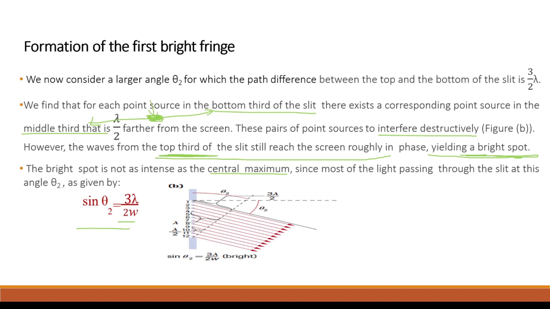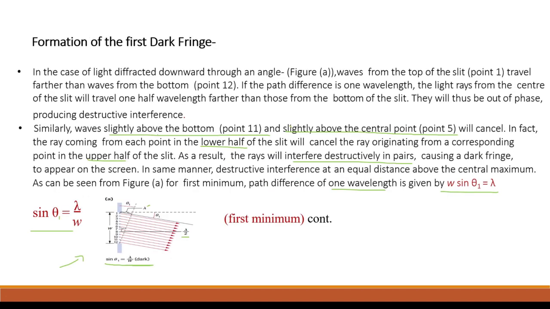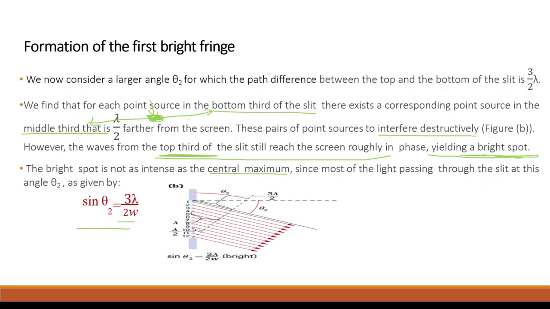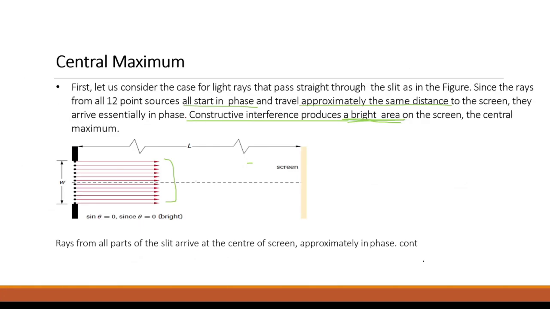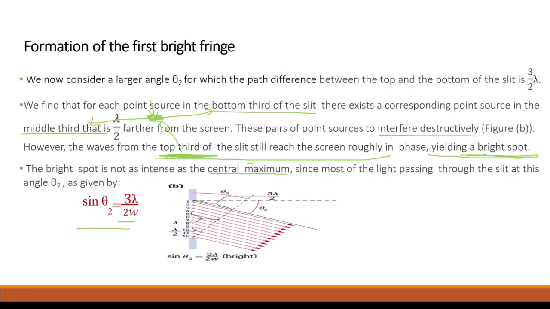These two are the same scenario as the first dark fringe here, but because we have another third of something to add to this, we have a net bright spot. But obviously, because we have some destructive interference, it's not the same as our first scenario where we had the brightest maximum. So we have a case in between the two here.